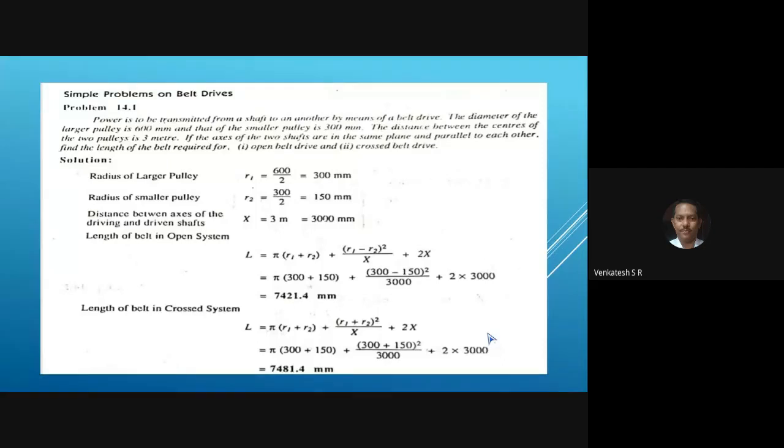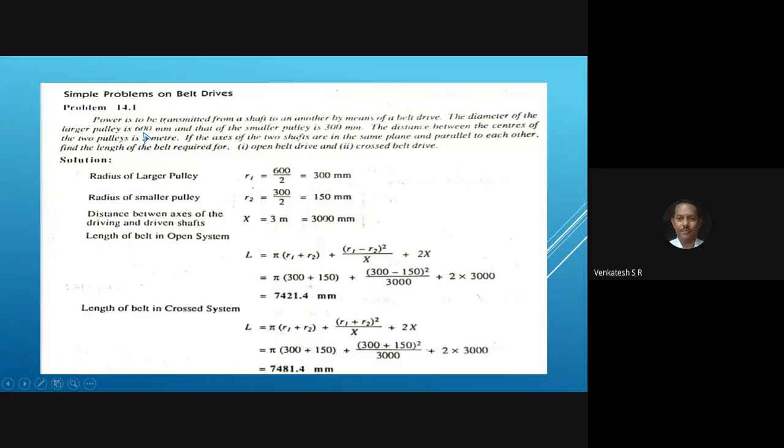You have the value 7481.4 millimeter, equal to 7.481 meters.